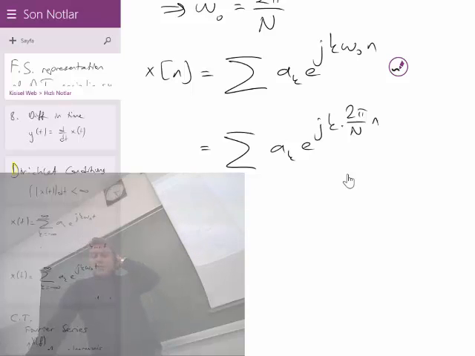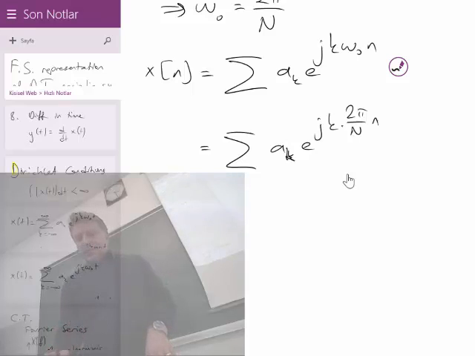The difference between the continuous time Fourier series representation and the discrete time one is the fact that this k index along the summation is not infinite in this case. For the continuous Fourier series representation, k starts from minus infinity and goes up to plus infinity, for all k's.